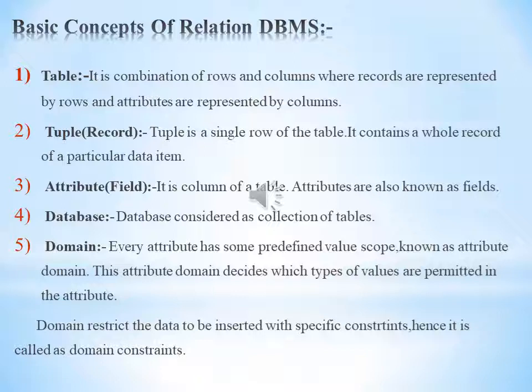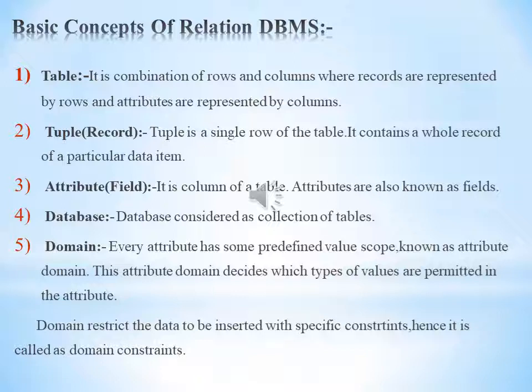First is the table. Everyone knows about the table. A table is a combination of rows and columns where records are represented by rows and attributes are represented by columns. This is the important thing about tables.